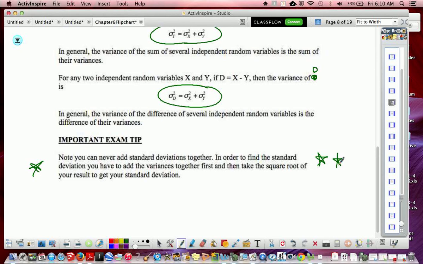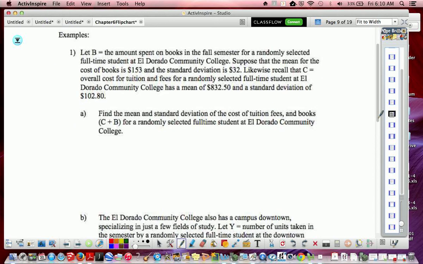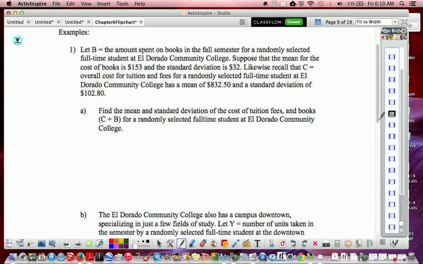All right, so let's take a look at some examples and put these rules together. In number one, it's going back to the El Dorado Community College, and it gives us this new random variable B. It says the amount spent on books for the fall semester for a randomly selected full-time student at El Dorado Community College. That's what B equals.